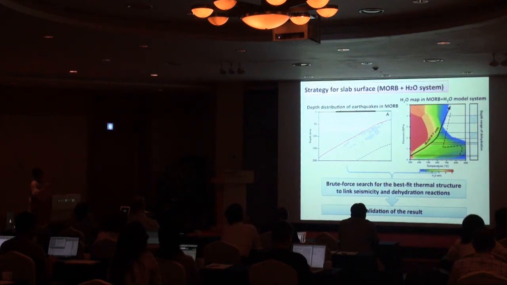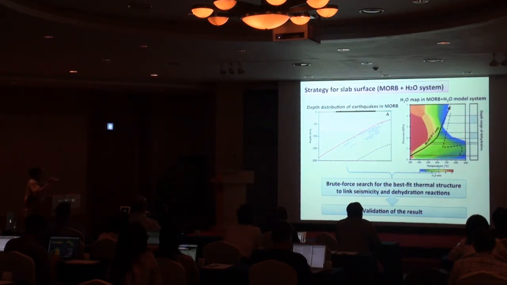I only use the depth of the hypocenters and the depth of the dehydration reactions. Then the brute force search was done to find the best fit between these depth distributions of the hypocenters and the dehydration reactions.